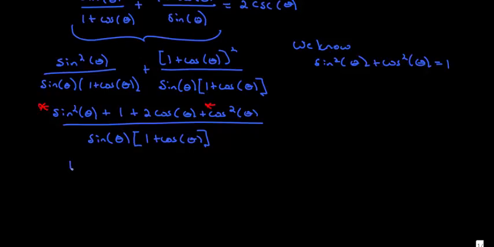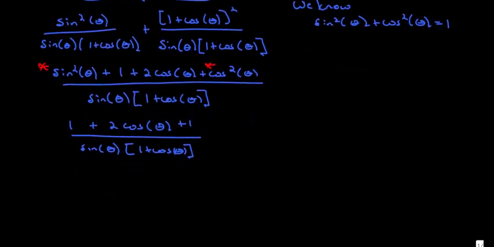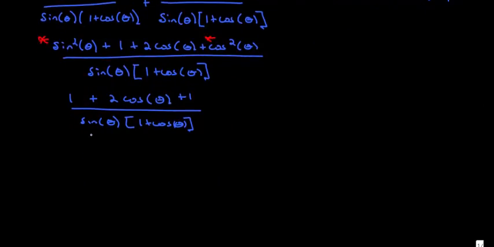So here's what I've got. I've got 1 plus 2 cosine theta. So that's this one, 2 cosine theta, plus another 1. 1 plus 1 is 2.